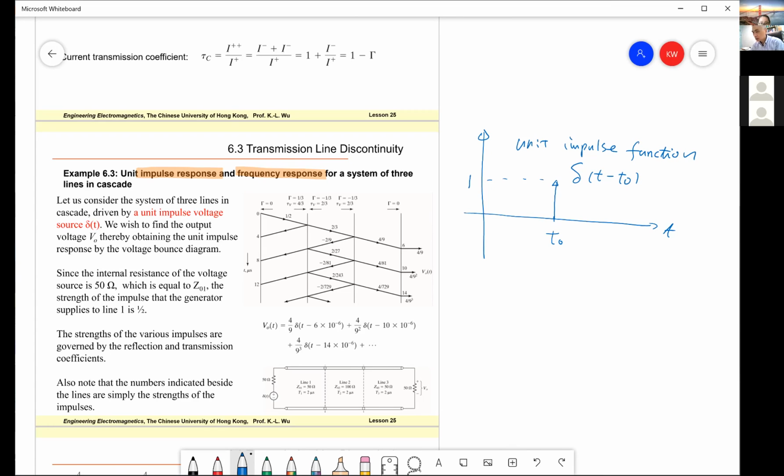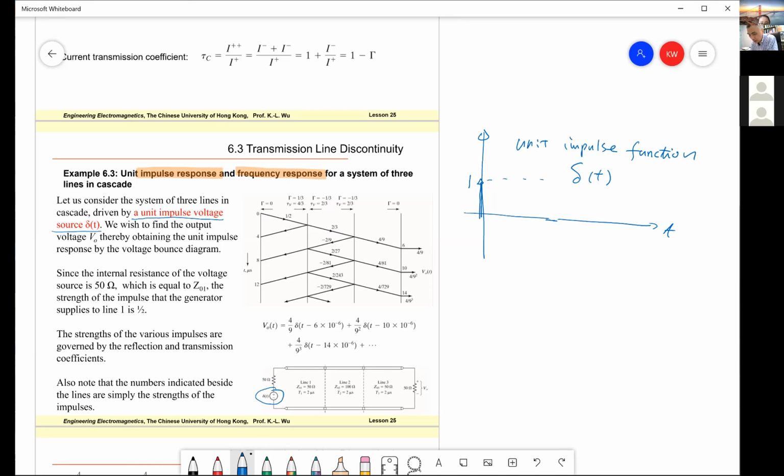So now let's consider the impulse function when t0 equals 0. When t0 equals 0, I launch a unit impulse voltage source, which is this. The voltage source, and the transmission line we have.